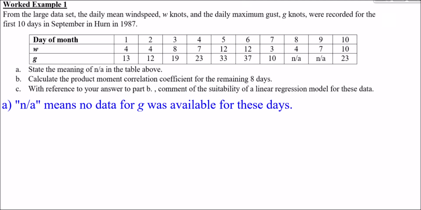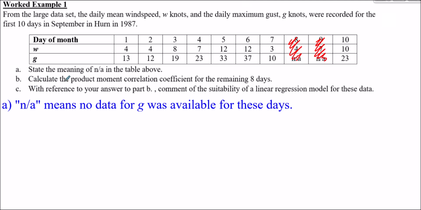Because to plot the regression line, we need both sets of data for each point. We need coordinates, not just an ordinate. These 2 days we can't really use because G is missing. So day 8 and day 9, we can't work out those coordinates.